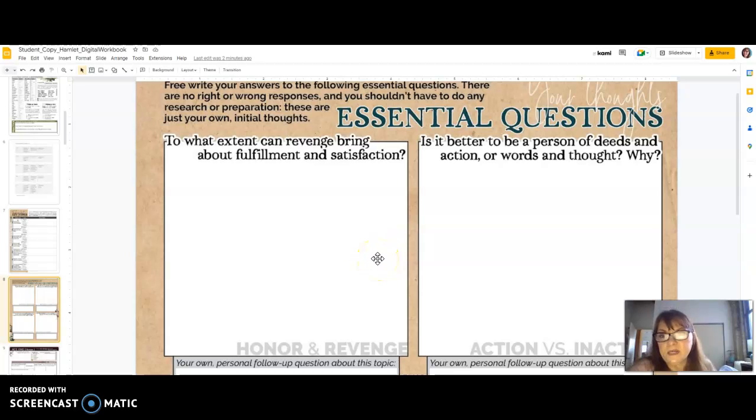So to what extent can revenge bring about fulfillment and satisfaction? So I'm just going to keep using my example that I used on the last slide. I want revenge in the way that I want the perpetrator of the crime to pay for their crime in some way, right?